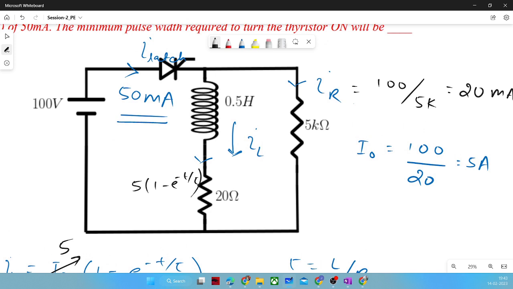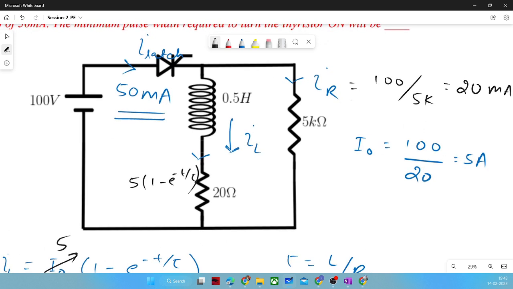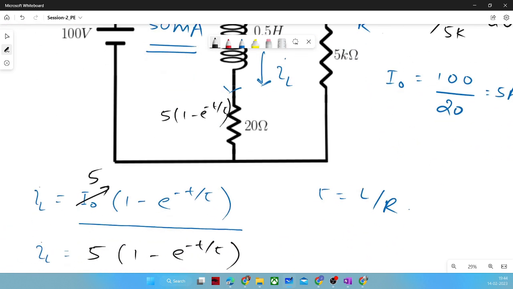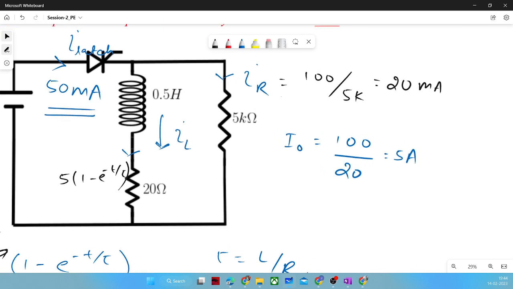IR is 20 milliampere. IL is 50 milliampere. So by KCL, IL should be 30 milliampere. 70? Oh, yeah, correct. Sorry. So no, 30 only, right? Let me clarify this. Yes, sir, 30. Now, I latch would be equal to IR plus IL, right?